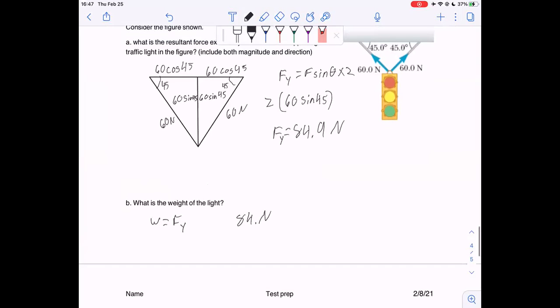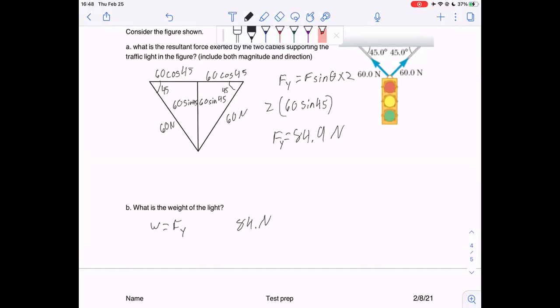And the reason we didn't do anything with the 60 cosine 45 is because the vectors are in opposite directions, so they cancel out. Does that make sense? To find the overall force it's F of x plus F of y, but since they go in 2 separate directions, x is going to equal 0. So just find F of y.